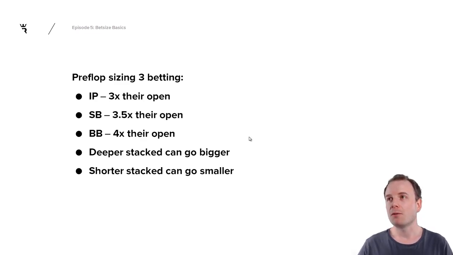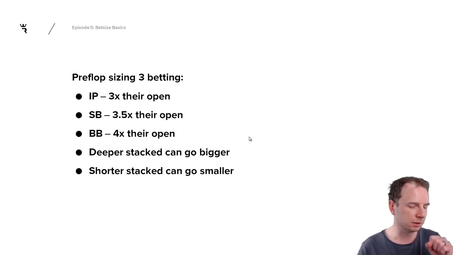And the reason is that as stacks get shorter, the positional advantage is not as relevant because as we get to post-flop and the stacks are shorter, we generally get to realize our equity in a better way, even if we're out of position, because there's not as many opportunities for our opponent to actually have position on us.